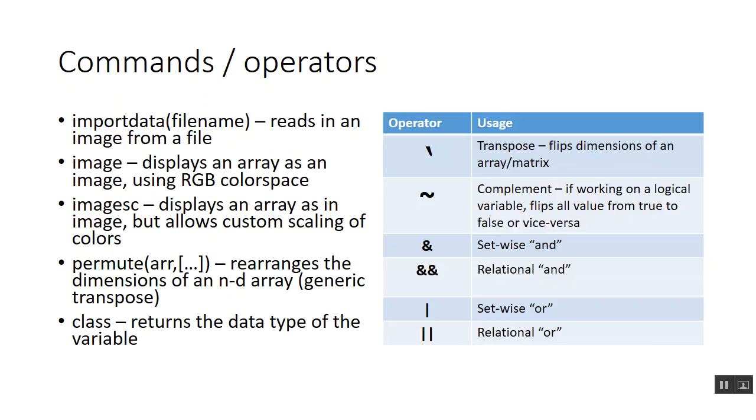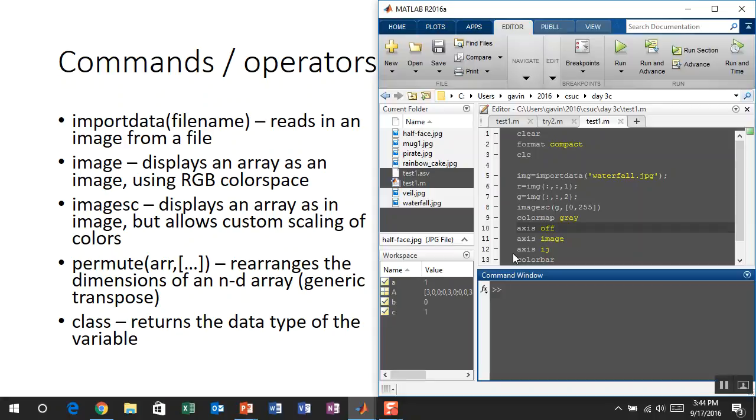But we can use these set-wise relationship things to say what in the matrix of A is greater than 2. And so our answer returned a logical answer that was 3 by 3 elements in size.